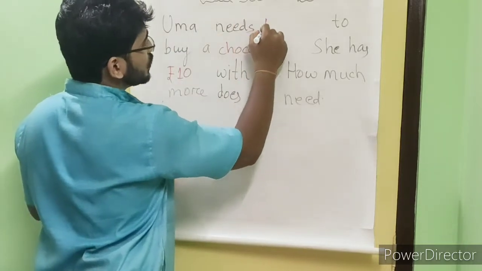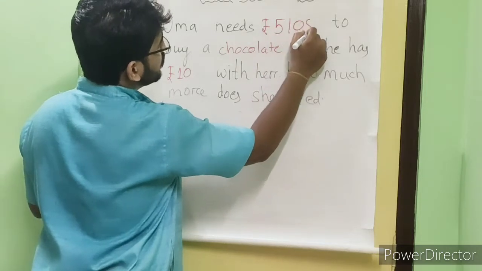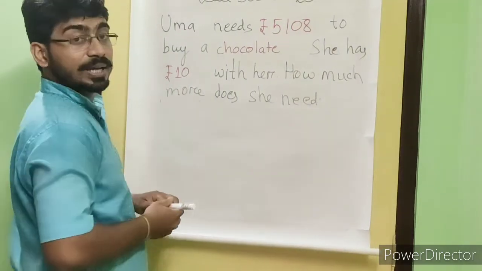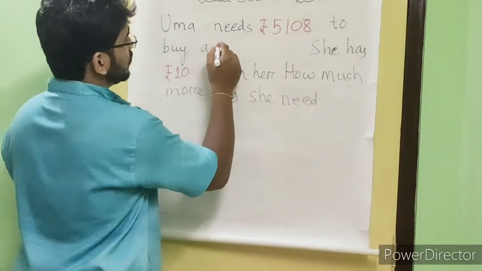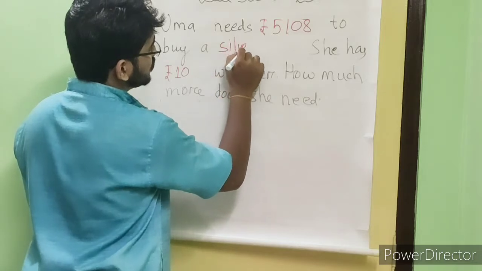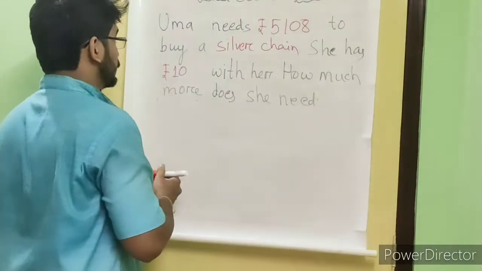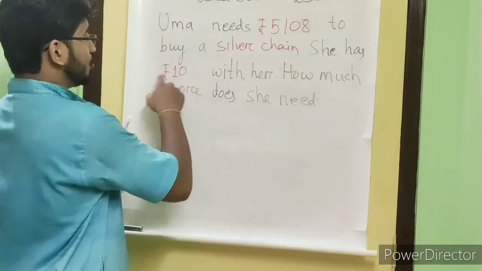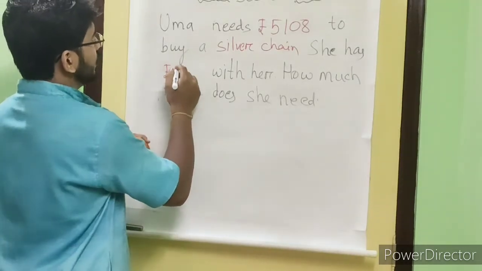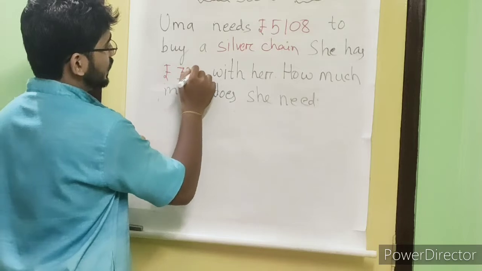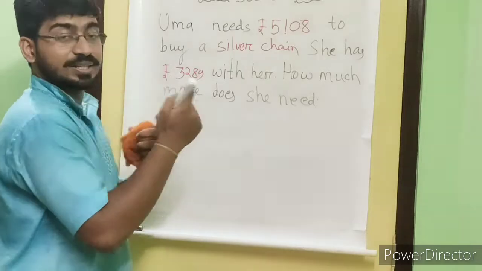Uma needs, instead of rupees 20, 5,108 to buy a, instead of chocolate, silver chain or golden chain. She has rupees, instead of 10, 3,289.